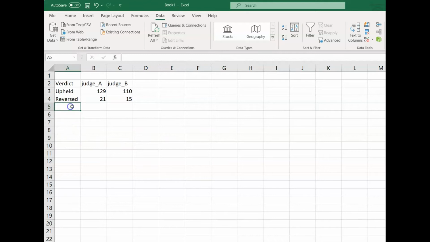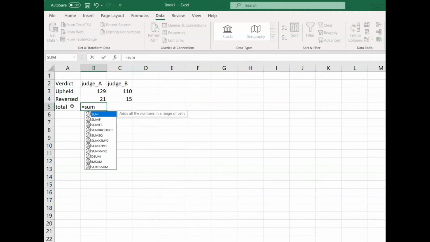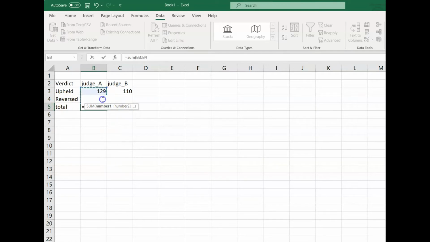First we calculate the total, how many trials for each of them. So total is the summation of upheld and reversed. So actually it's summation of 2. For Judge A it is 150, and for Judge B it is 125. Then we look at the performance.